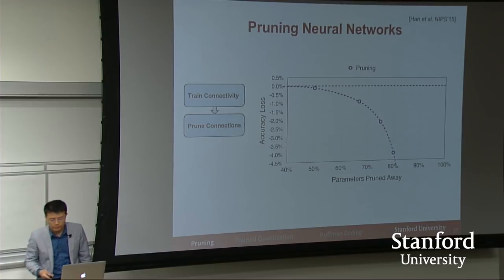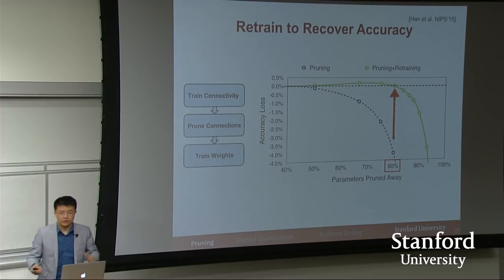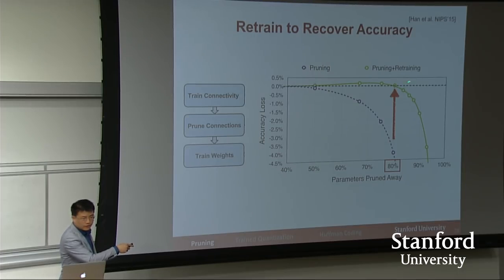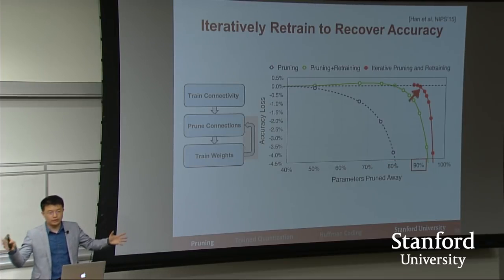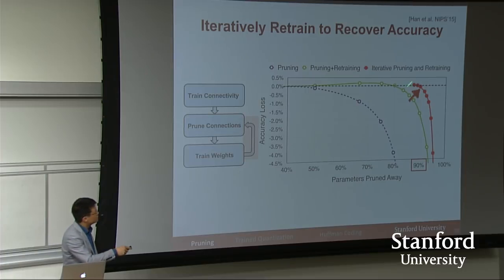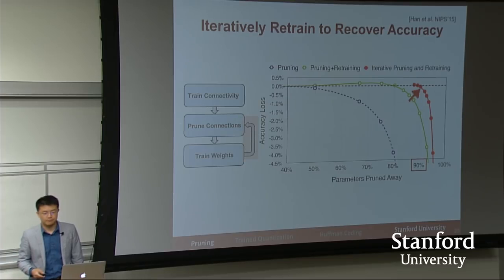That's intolerable. But the good thing is that if we retrain the remaining weights, the accuracy can fully recover here. And if we do this process iteratively by pruning and retraining, we can fully recover the accuracy until we prune away 90% of the parameters.